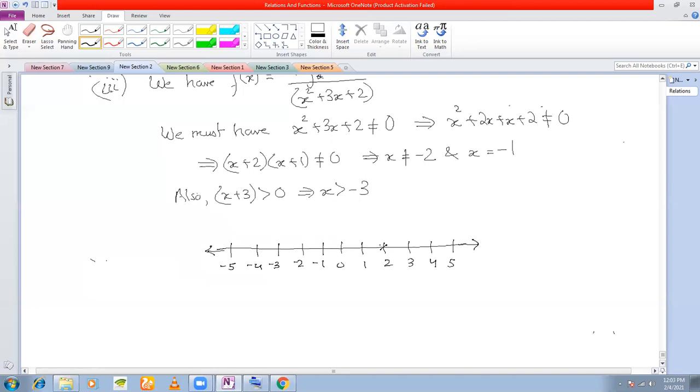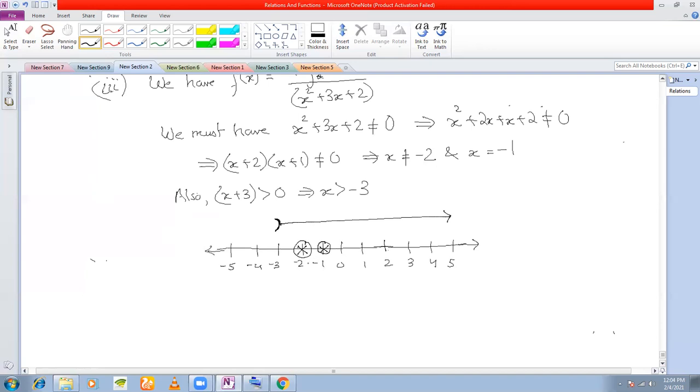So -2 it cannot take. Next value it cannot take is -1. So even -1 it cannot take. Next, x must be greater than -3. So if x is greater than -3, and here is your -3, put a curved line because it cannot be equal to -3. And if it is greater, then it will take all these values.